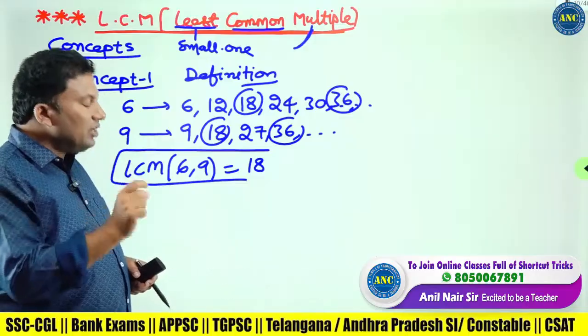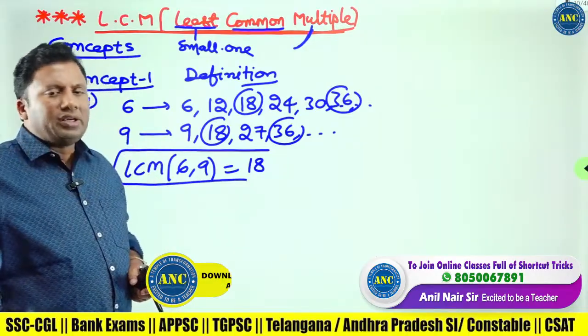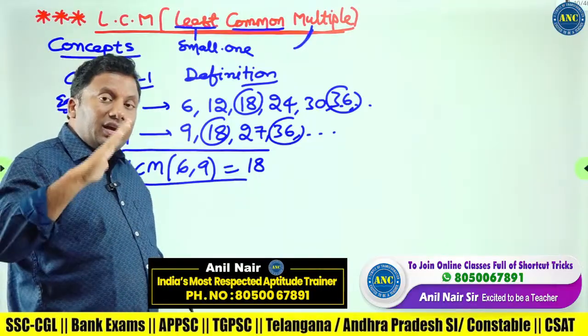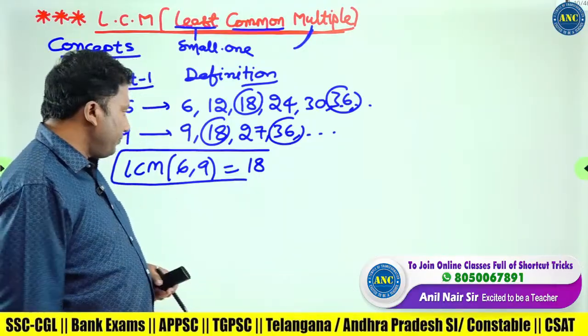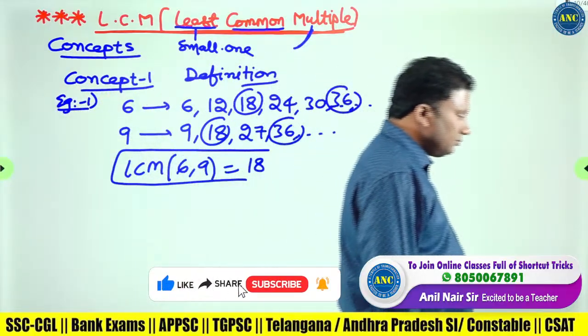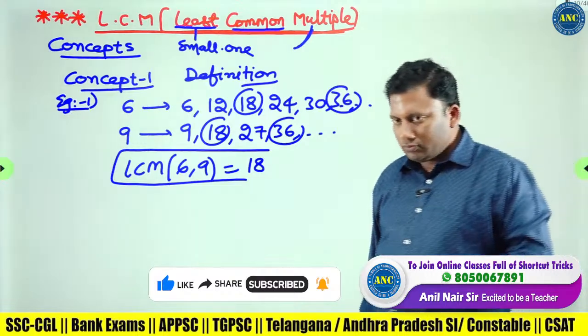LCM, least common multiple. For every number, write down the multiples. What are the common numbers? Write it. Least is smallest. Smallest common multiple.